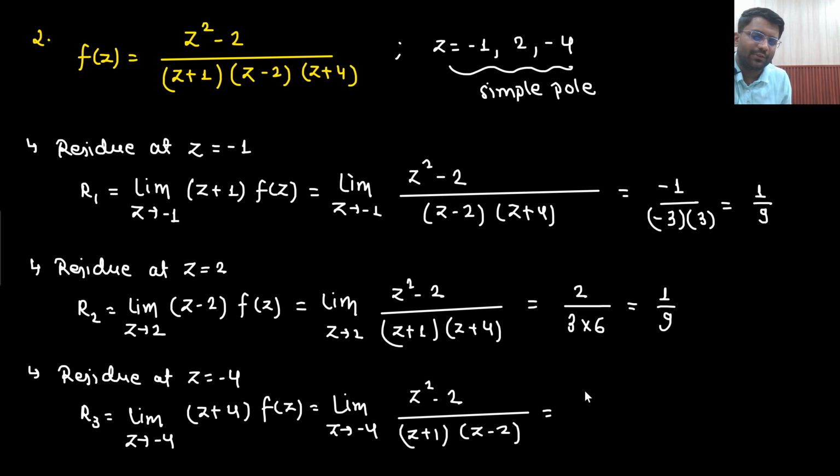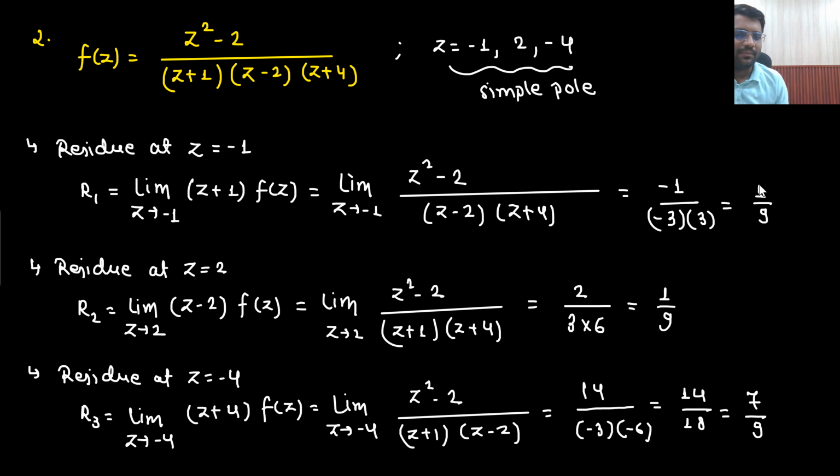So 16 minus 2 will be 14, minus 4 square will be 16 minus 2 will be 14. Now this is minus 4 plus 1 will be minus 3 and minus 6. So 14 by 18, 7 by 9.